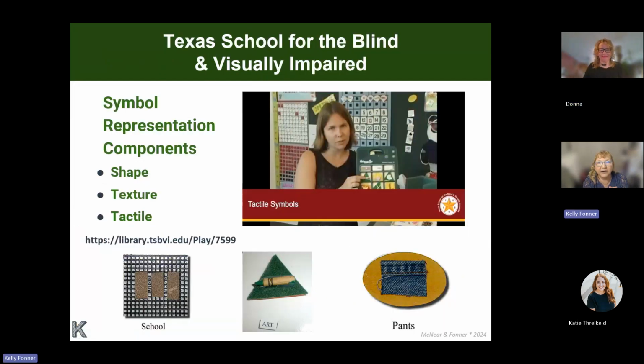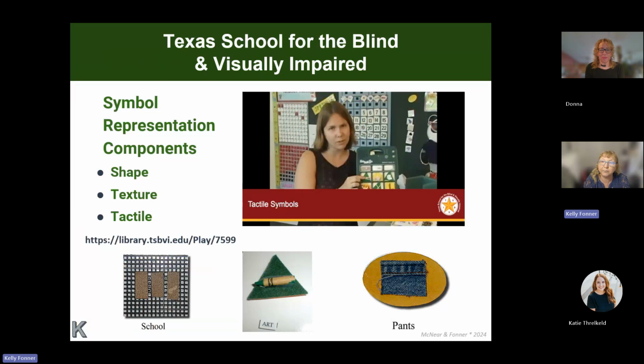Well known in the area of using tactile representations for communication is the Texas School for the Blind and Visually Impaired. And for many years, and this is how I first became introduced to using symbols with multi-levels of representation, where the shape of the symbol represents, for example, we have 3 symbols at the bottom.